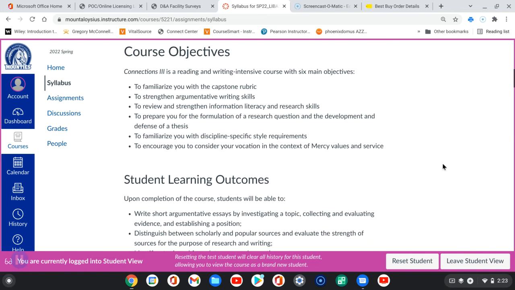The course objectives are to familiarize you with the capstone rubric, to strengthen argumentative writing skills, to review and strengthen information literacy and research skills, to prepare you for the formulation of a research question and the development and defense of a thesis, to familiarize you with the discipline-specific style requirements, that is APA, MLA, Chicago, and to encourage you to consider your vocation in the context of mercy values and service.